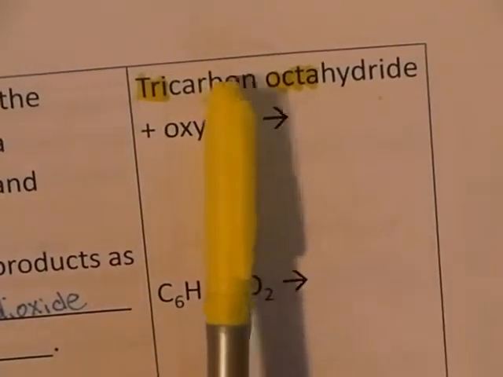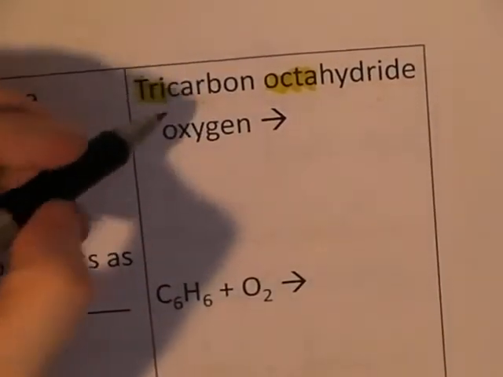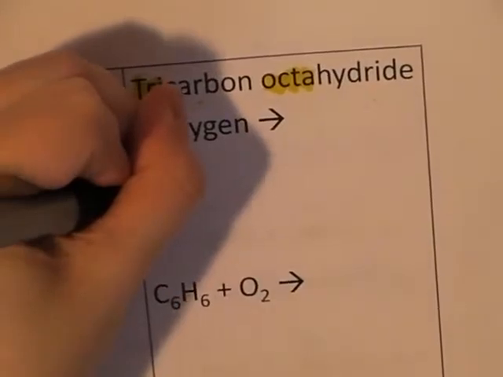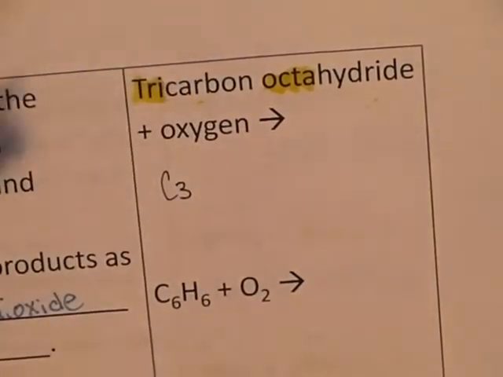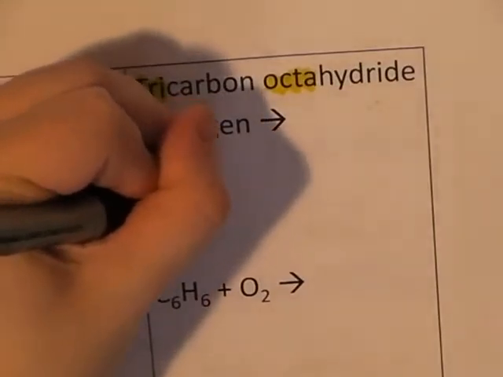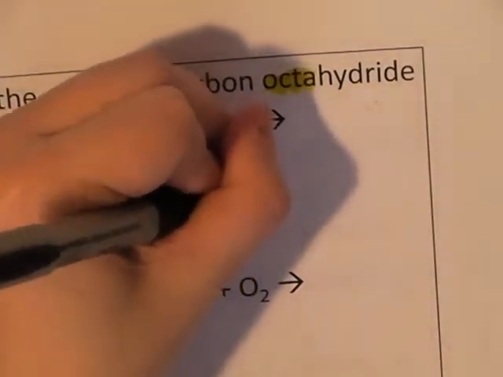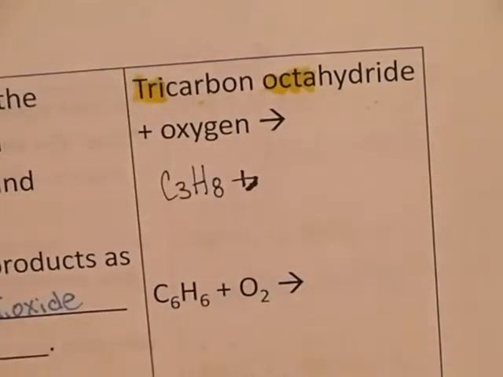Is this ionic or covalent? It is covalent, right? You should know that just because of the prefixes being there. So tricarbon, how many is that? 3, good. Octahydride, how many hydrogen? Good, 8. And then, whoops, I want to put an arrow. It's not an arrow, it's a plus sign.